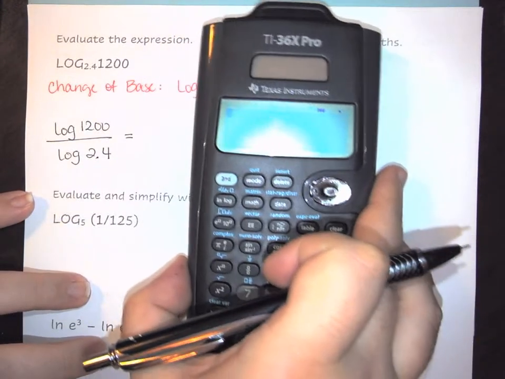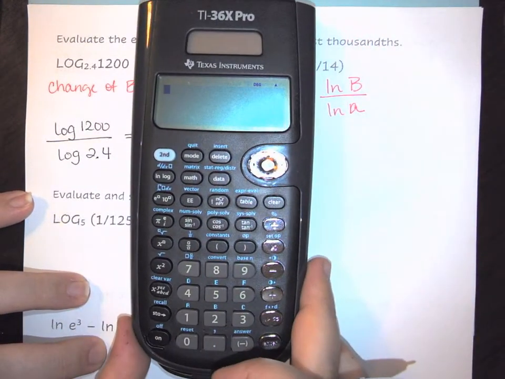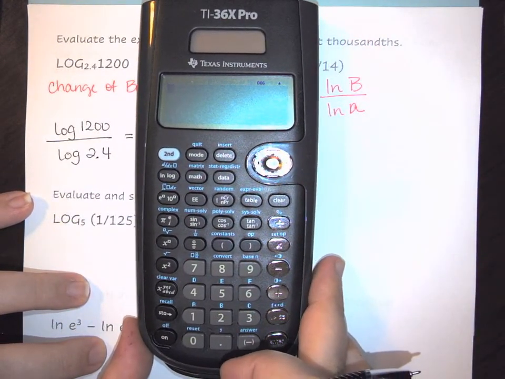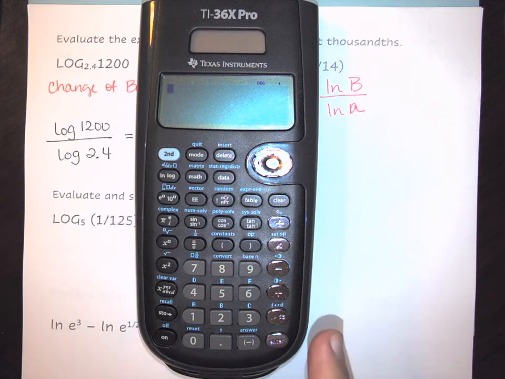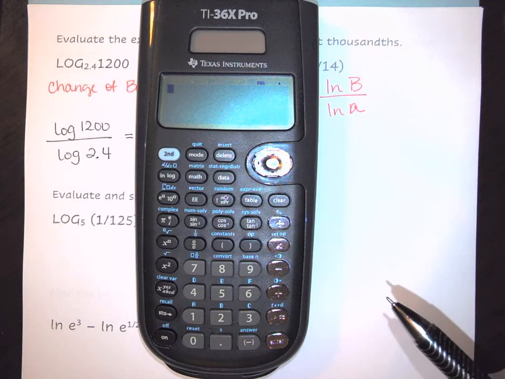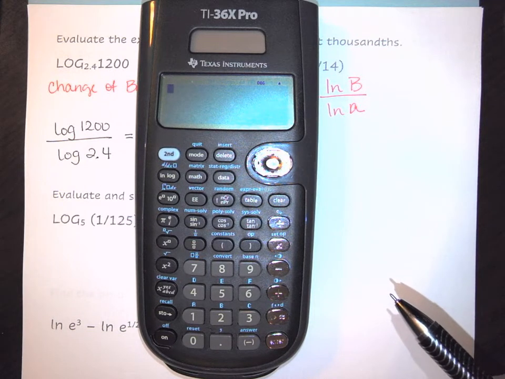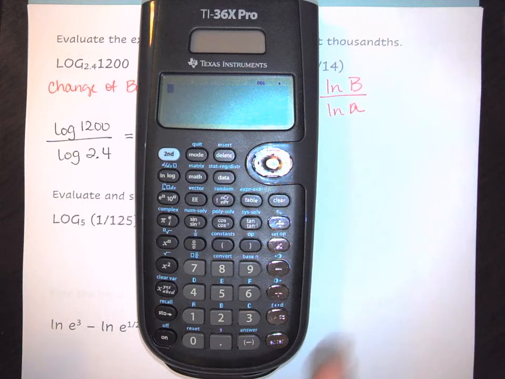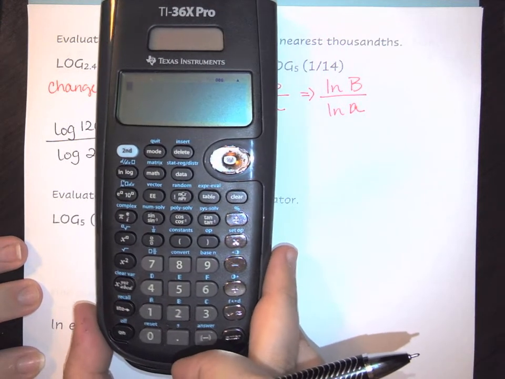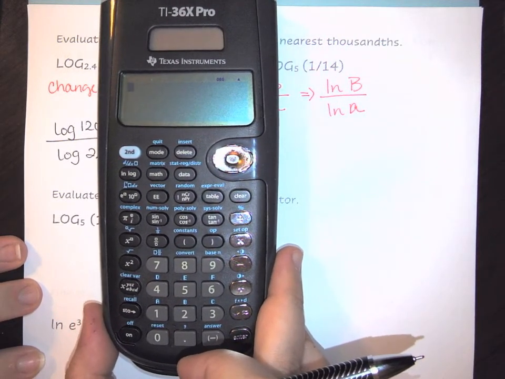And so what we would be doing, I can pull out my calculator. Now again, remember, this is the TI-36X Pro, so your calculator may be slightly different than mine, which means your log buttons may be located in a different area than mine. But the root concept is the same no matter what the calculator is.